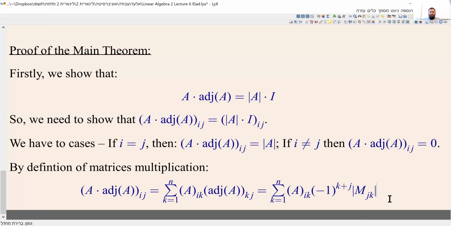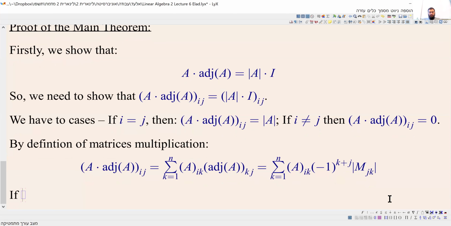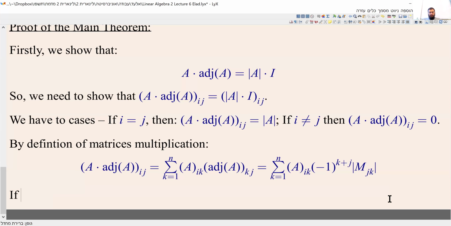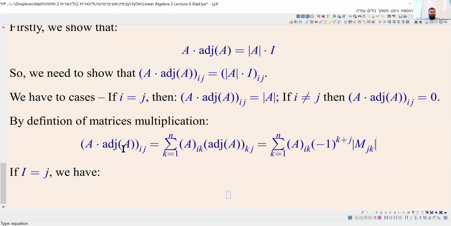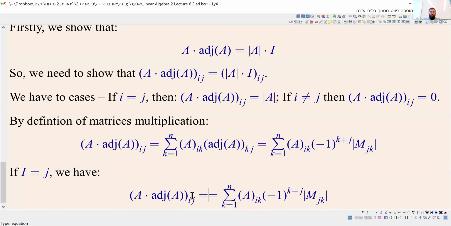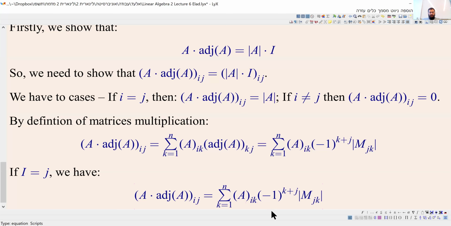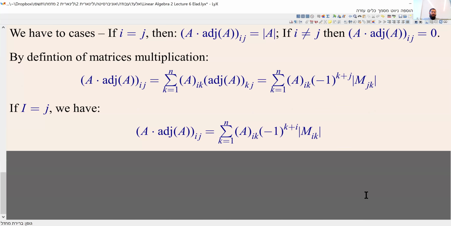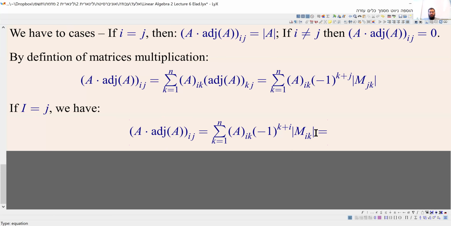If i is j, we have that element, let's say instead of i write j or instead of j I write i, it's the same. It's the sum, k runs from 1 to n, of a_ik times minus 1 to the power of k plus i, multiplied by the ik minor.